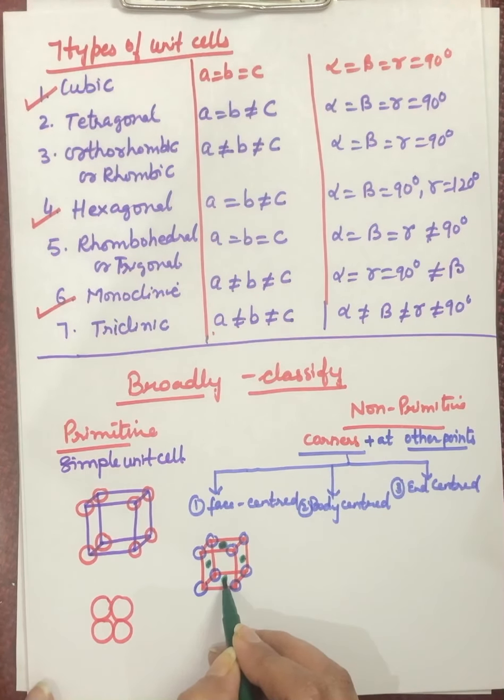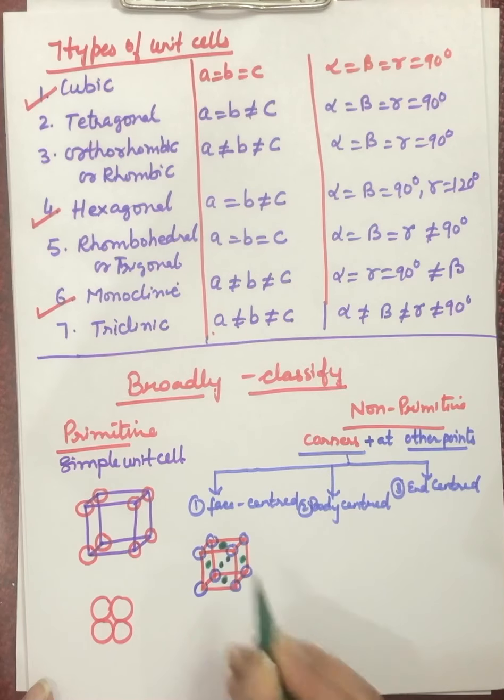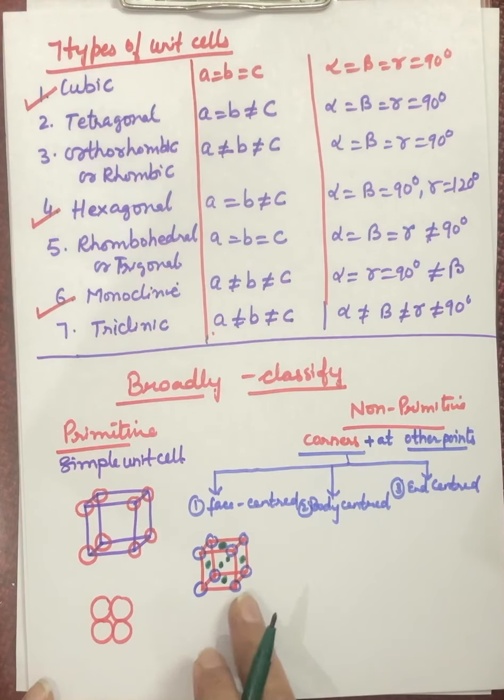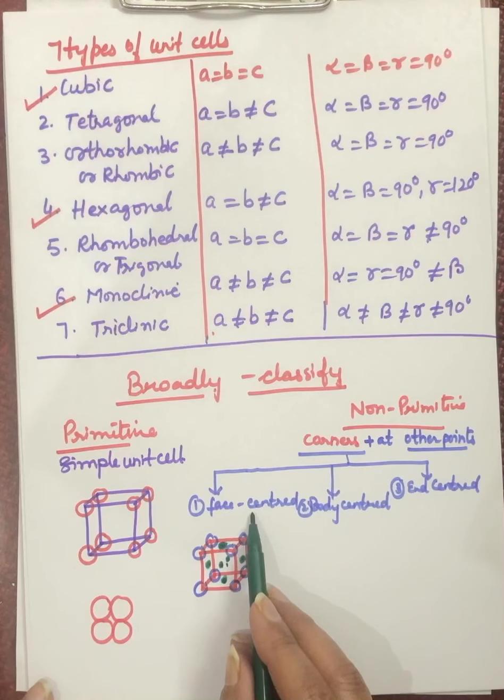Like in a room, there are 4 walls, one is the floor and one is the roof. So front wall, and this is the behind wall. So when the particles in a unit cell are present at the corners plus at the centers of faces of a unit cell, then that unit cell is called face-centered unit cell.